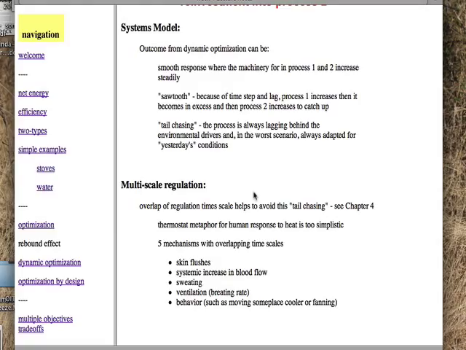And then we'd start breathing more heavily. The breathing rate would go up to try to compensate. And finally, or anywhere along in this process, if you were uncomfortable enough, you might just move someplace in the shade or start fanning yourself or unbutton your shirt or do something to cool yourself down.